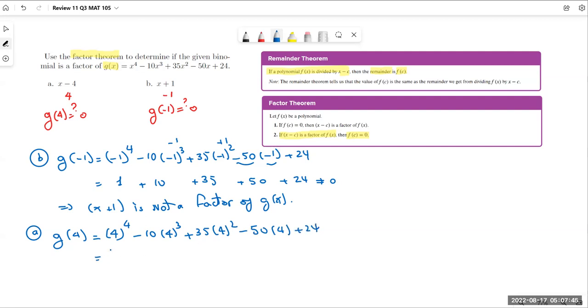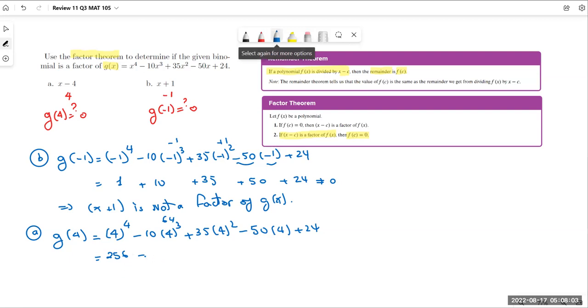So plug in the numbers. 4 to the 4th is going to be 256 minus 10. 4 to the 3rd is going to be 64.